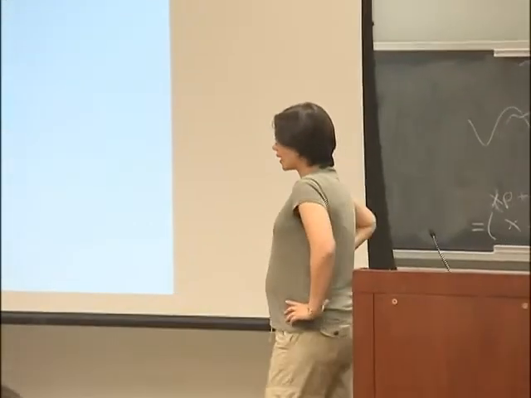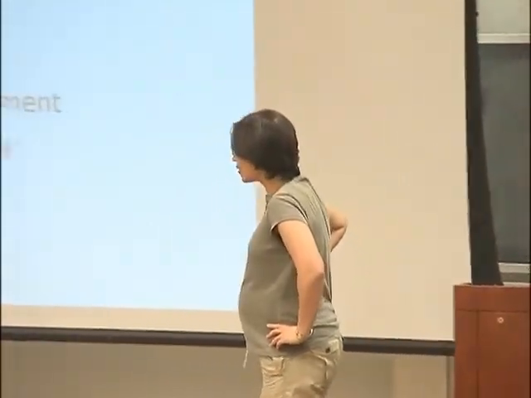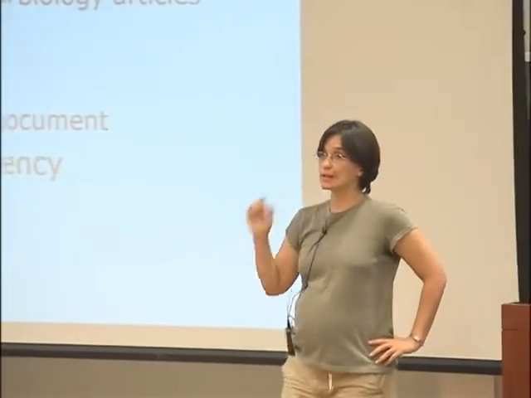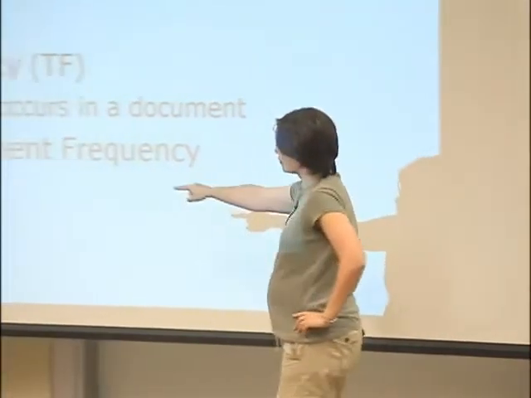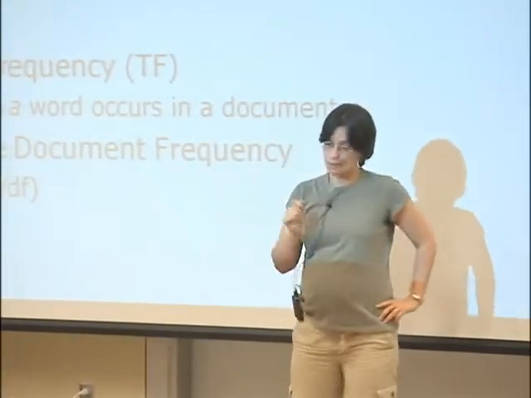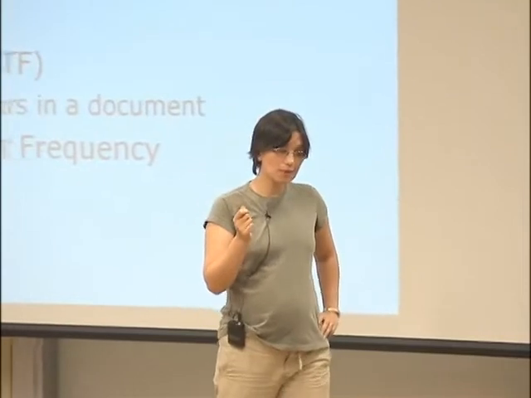And you look at all the documents, so you have n documents in there, many, hundreds, and you then look at the document frequency. So this DF would be how many documents mention the word linguistics, right? So what do you have?